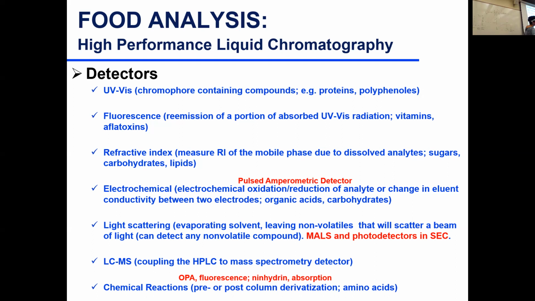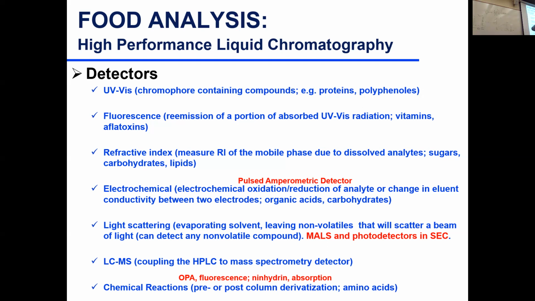Refractive index is basically measuring the refractive index after a sample reaches the detector. So if you have water, or buffer or whatever you're using, you have a very specific refractive index. If your compound is eluting, then your mobile phase now has the compound with it at the refractive index detector, then the refractive index changes, and you measure refractive index.